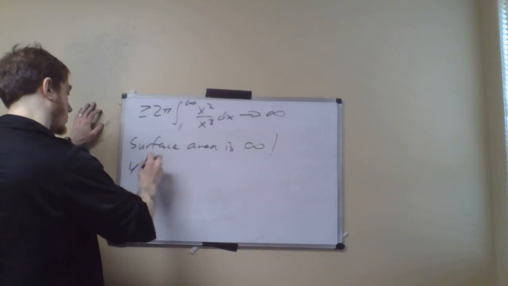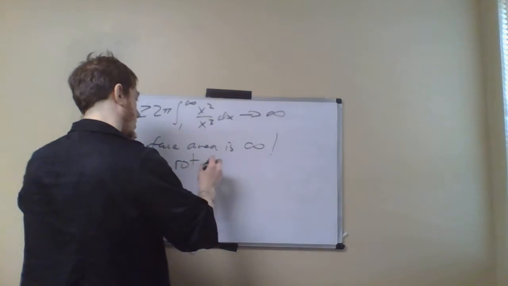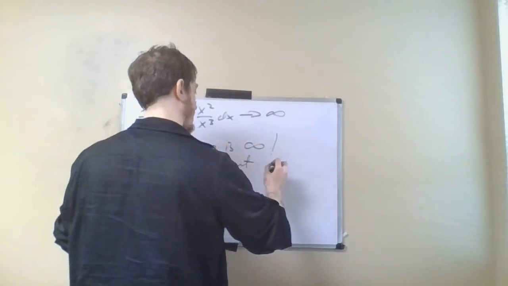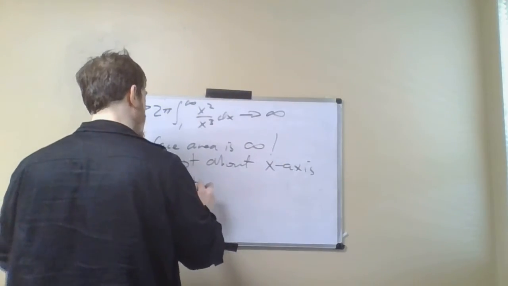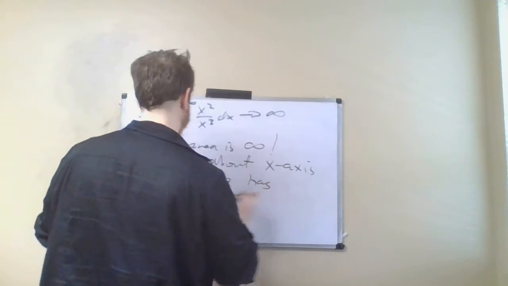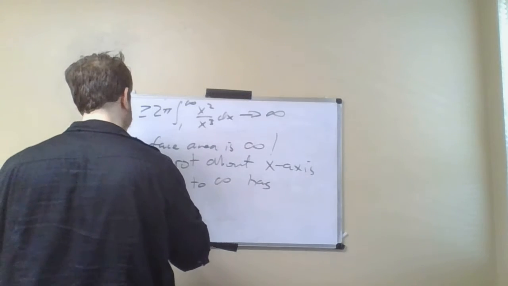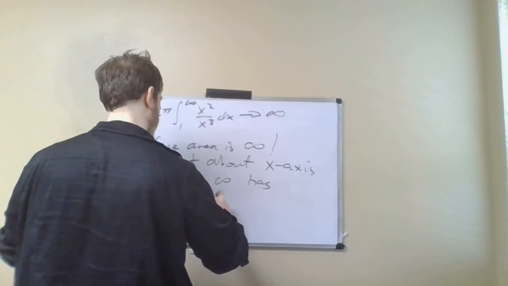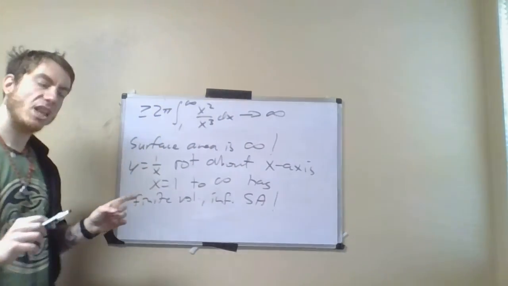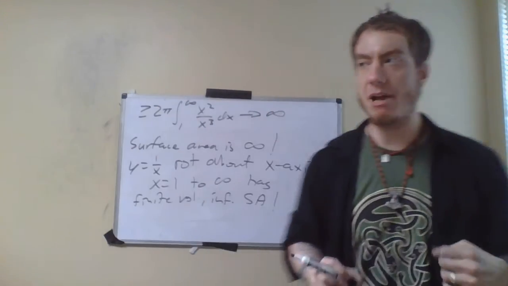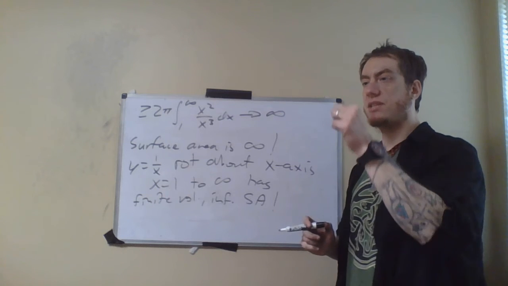Y equals 1 over x rotated about the x-axis from x equals 1 to infinity has finite volume, infinite surface area.